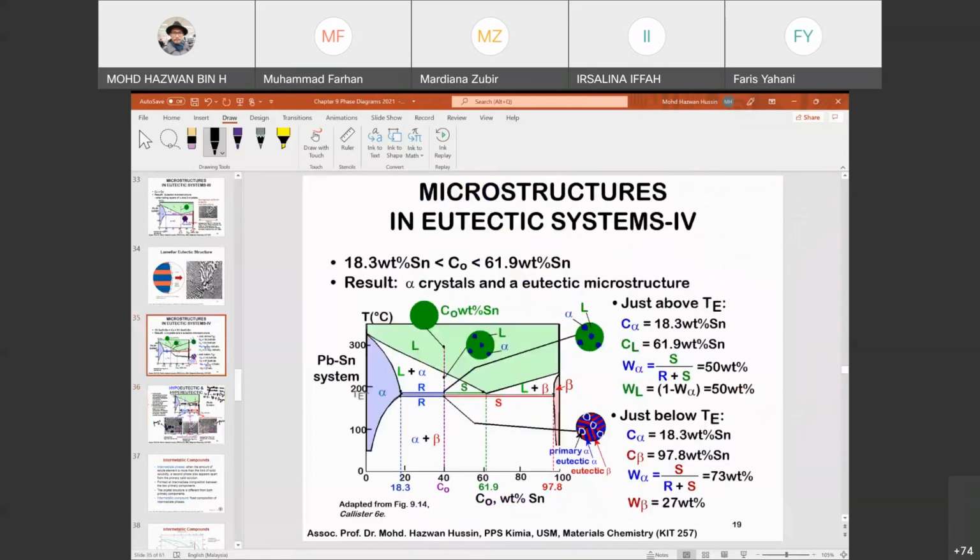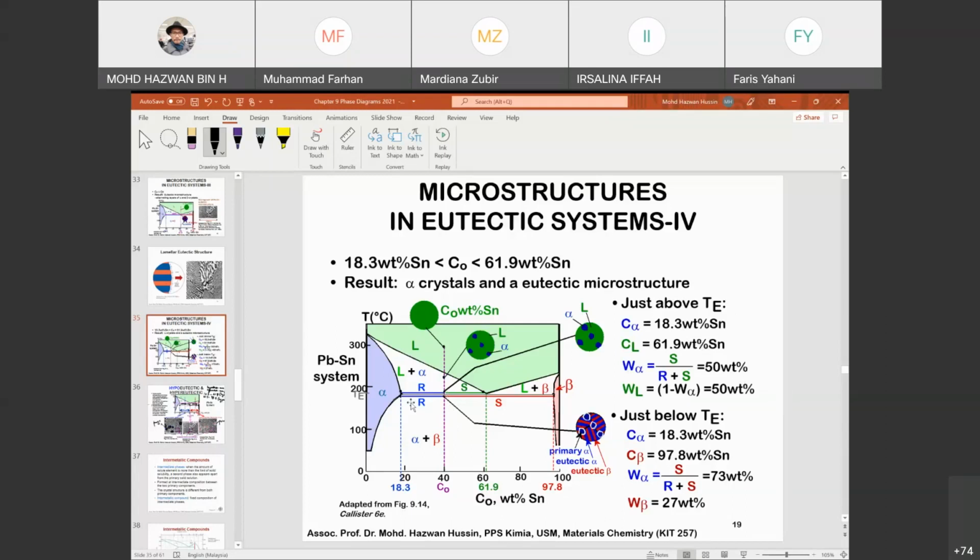All right, just the last slide before we end our lecture today. For the microstructure between 18.3 and 61.9, we have discussed it literally, but at the same time you can also calculate the mass fraction there. The same rules apply.